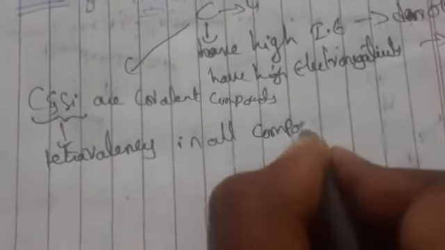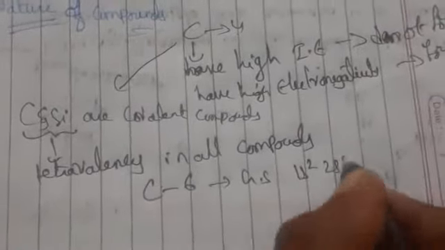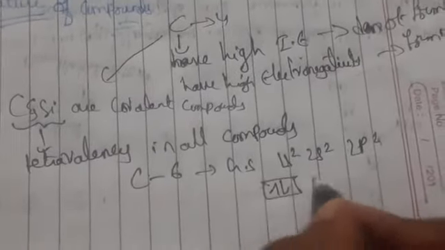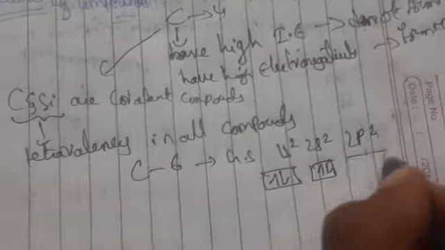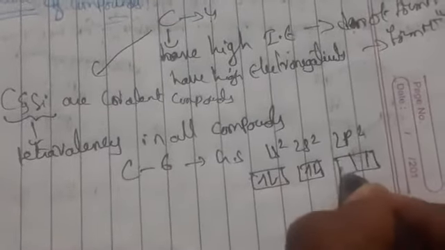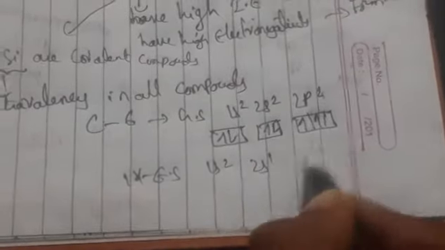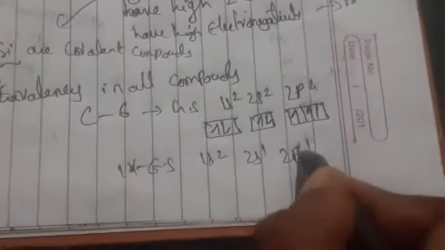So if you take the ground state, carbon has atomic number 6. So in ground state, what is the configuration? 1s2, 2s2, 2p2. Okay, p orbital. And also if the electron is excited to the first excited state, what happens here? 1s2, 2s1, 2p3.